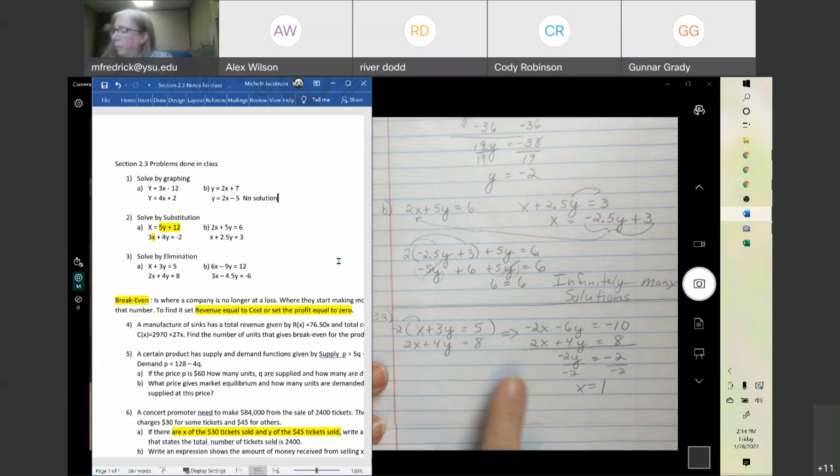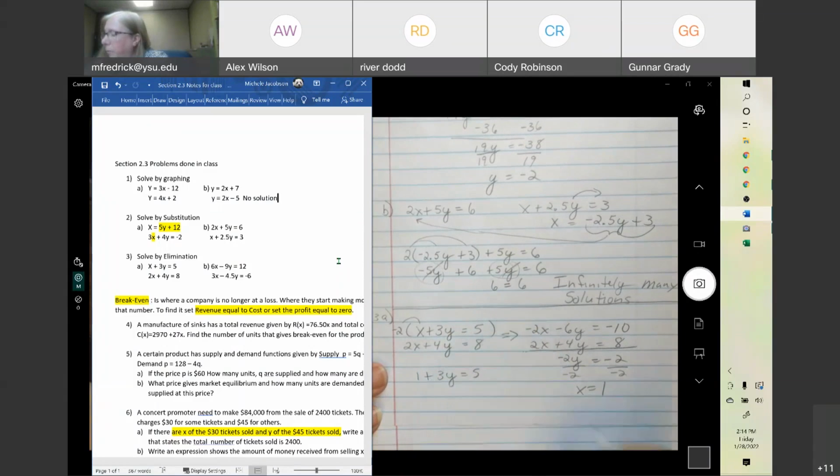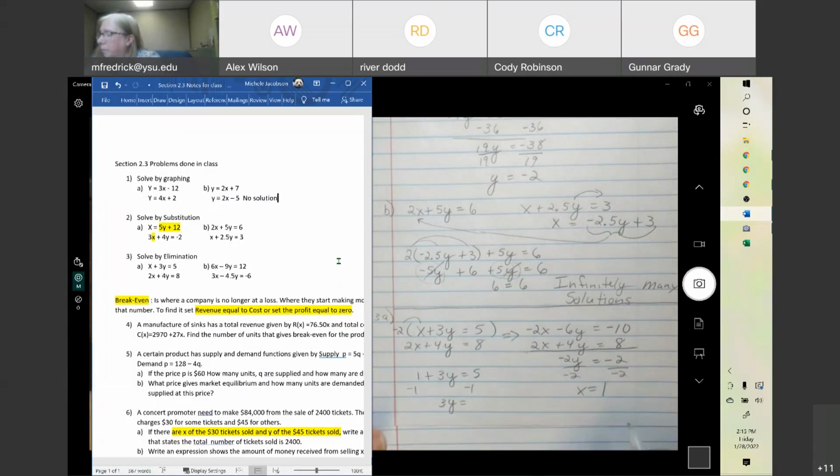So then we plug 1 in for y and solve. Subtract the 1. And divide by 3.